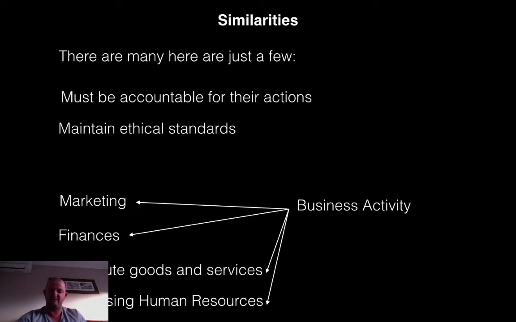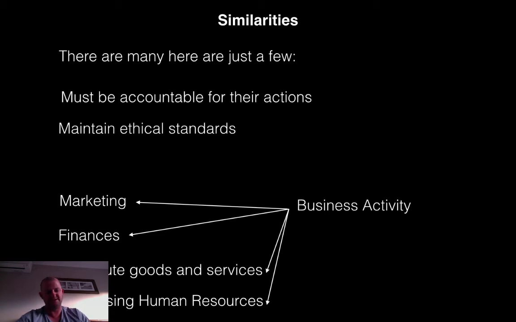Similarities between profit and not-for-profit organisations. There are many. I'm not going to go into great detail because I don't want to bore you to death in the first podcast. I want to keep it short and simple. So both organisations must be accountable. So that means they must be able to explain their actions to their stakeholders or to the government.